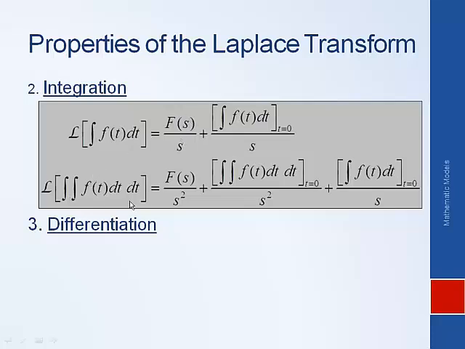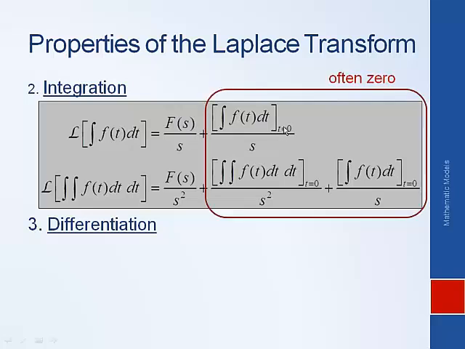And if you have a double integral, you get the Laplace transform of f of t divided by s squared. You also have these additional terms which depend on the initial value of the integrals. Oftentimes these are 0. Often the integral doesn't have an initial value.